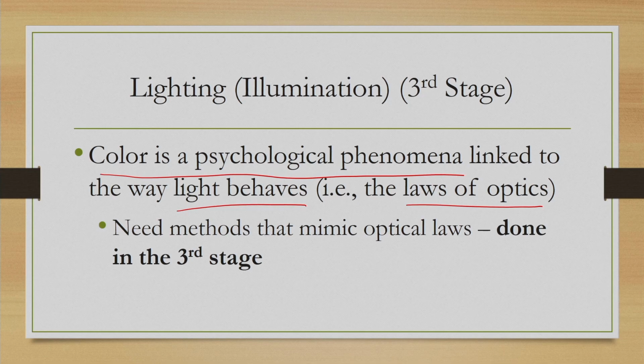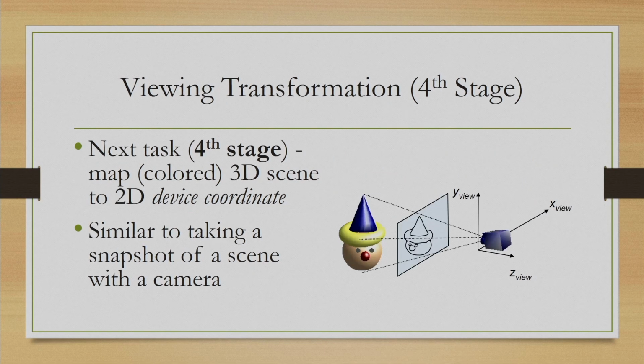We try to mimic the way we perceive colors in the real world, and based on that we try to assign colors in the synthesized scenes. So, first we define an object, second we bring objects together to create a scene, third stage we assign colors to the object surfaces in the scene.